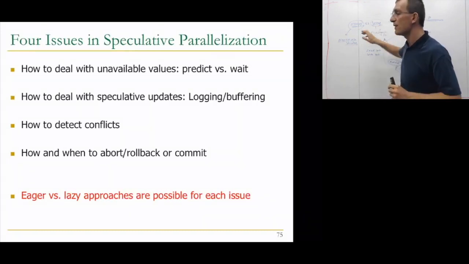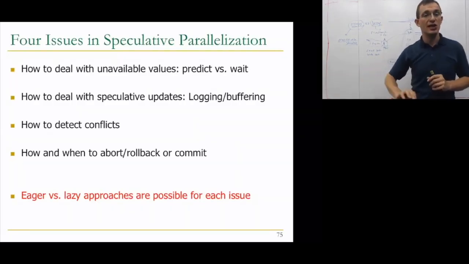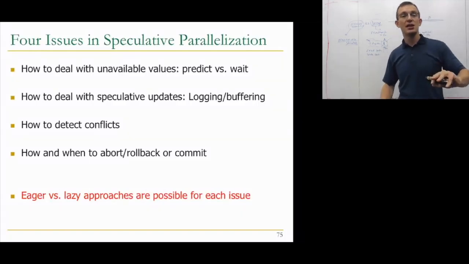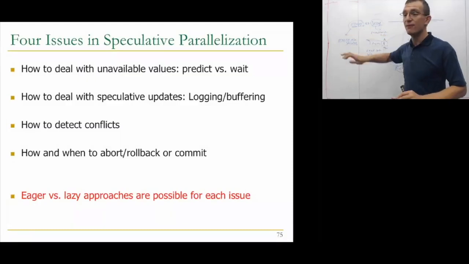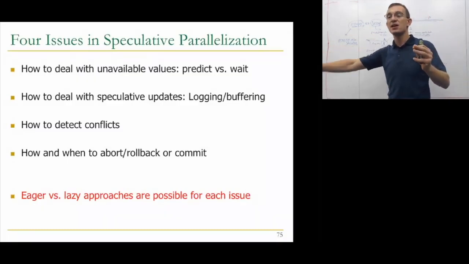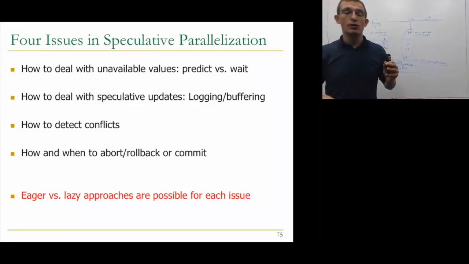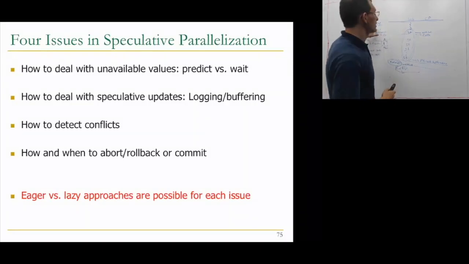Now, lazy means you buffer your updates somewhere and do not expose them yet to the original location. Now you have multiple copies. If you do logging, the original copy is always at the same place, but you have a backup copy that you need to go back to in case there's a data conflict. With buffering, you're lazy.